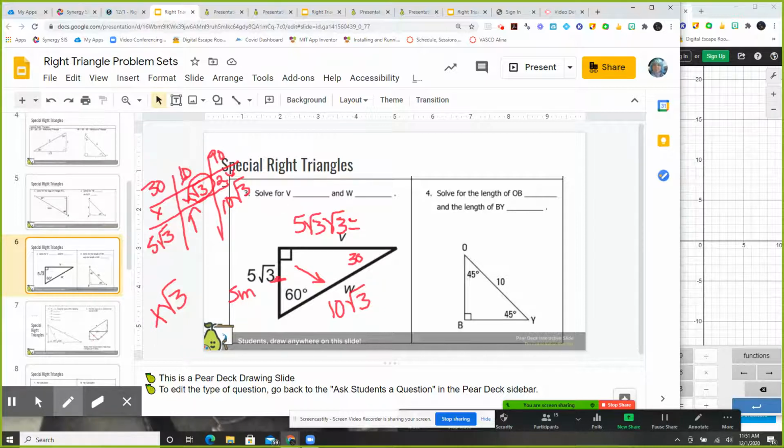So 5 times the square root of 3 times another square root of 3 is going to be 15.